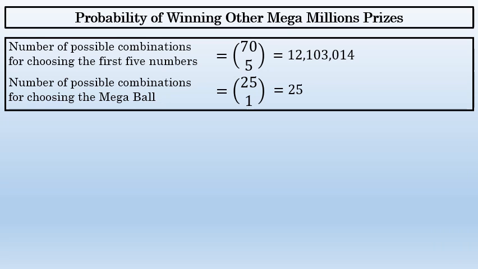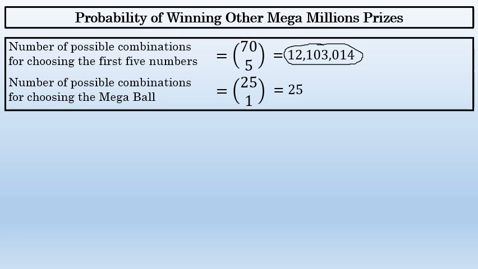As I discuss the probability for winning the other smaller prizes, I will refer to some information that was already presented. Two very important facts that will be used are the total number of ways that the first 5 numbers can be drawn, the total number of combinations of those first 5 numbers out of 70, which is 12,103,014.